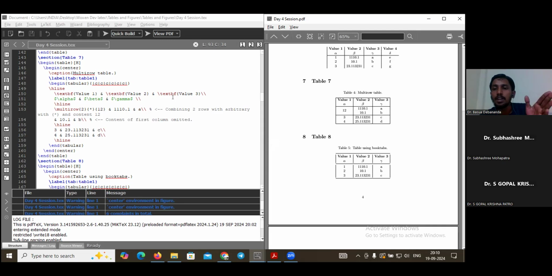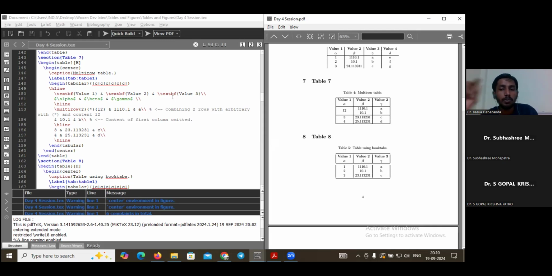When you write a research paper, you have to mention in the text that this data is placed in table 7. How will you write table 7?